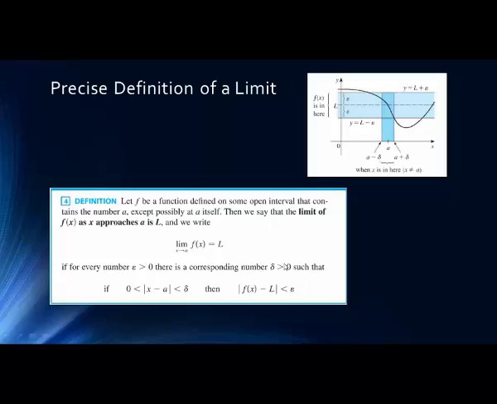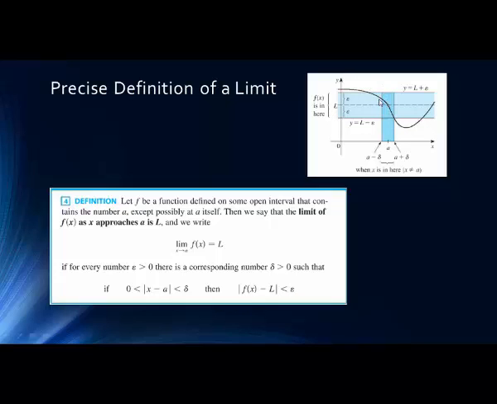All this is saying is that in the region where, again, our L is our limit, our y value, and our a is the x value that we're heading towards, these epsilons represent a range around L. So it's saying that the function value minus the limit value is less than epsilon.